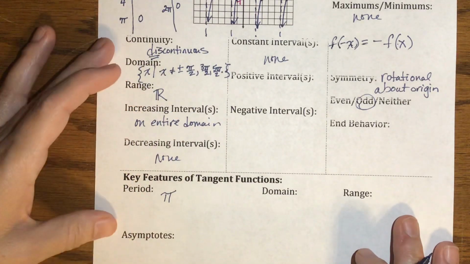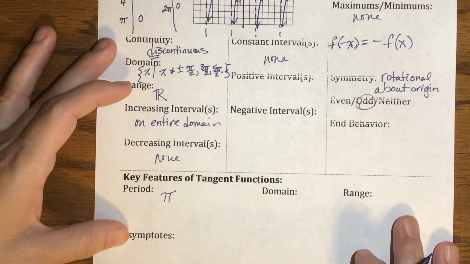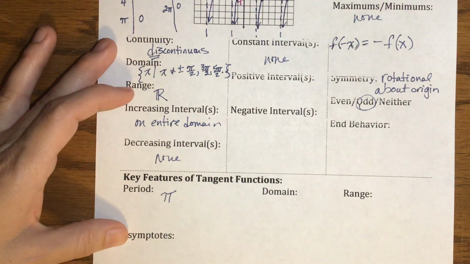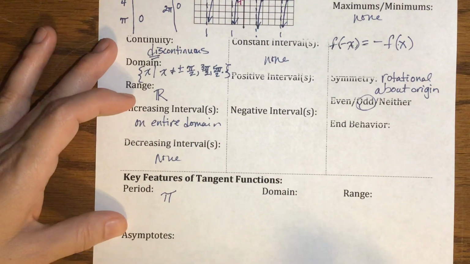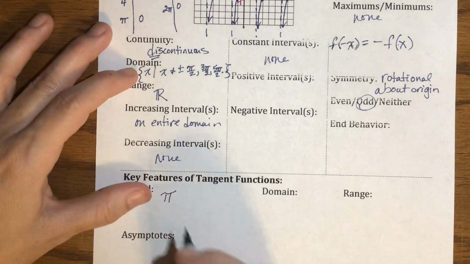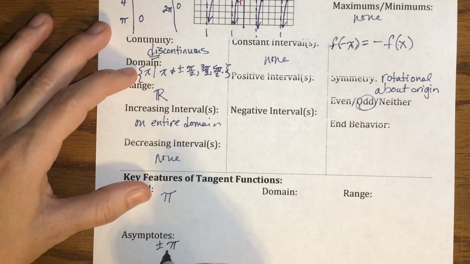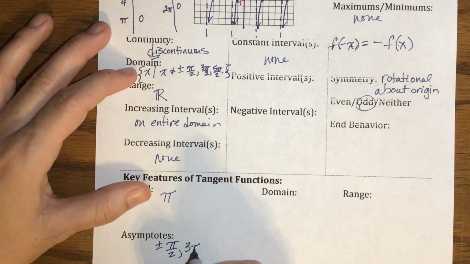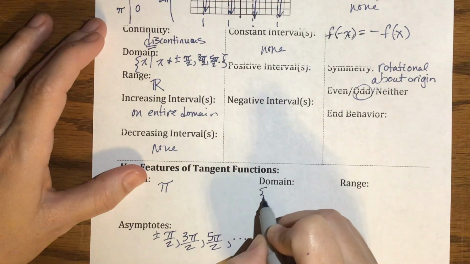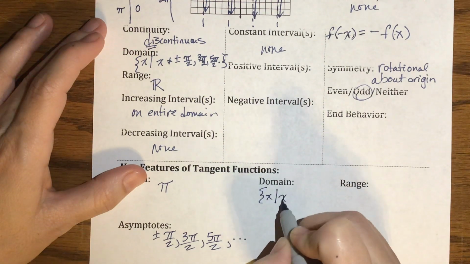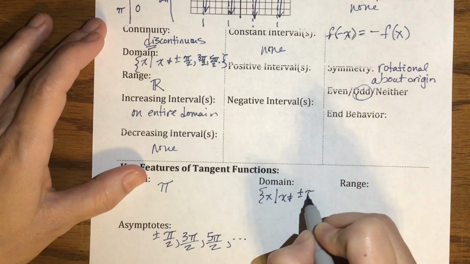It's not supposed to say amplitude. Or asymptotes. The other one said amplitude. This one doesn't have an amplitude because it doesn't oscillate in the same way sine and cosine do. So the asymptotes are going to occur at those odd multiples of pi over 2. And again, that's what gives me my domain. X such that x can't be equal to those values.